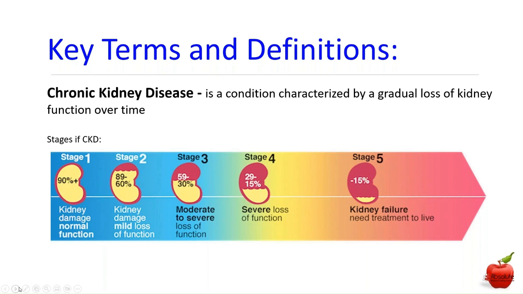Once a patient starts getting into stage four, 29 to 15% of ability to filter and function normally, they have a severe loss of function at that point. And with stage five, below 15%, kidney failure, they need treatment to live because the kidneys are no longer filtering, not actively doing what they need to do.